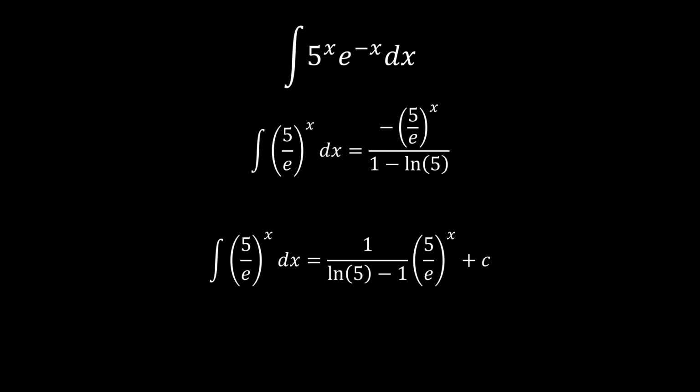The integral of 5 over e all raised to x dx equaling the constant value 1 over the natural log of 5 minus 1 times 5 over e all raised to the x plus our integration constant c.